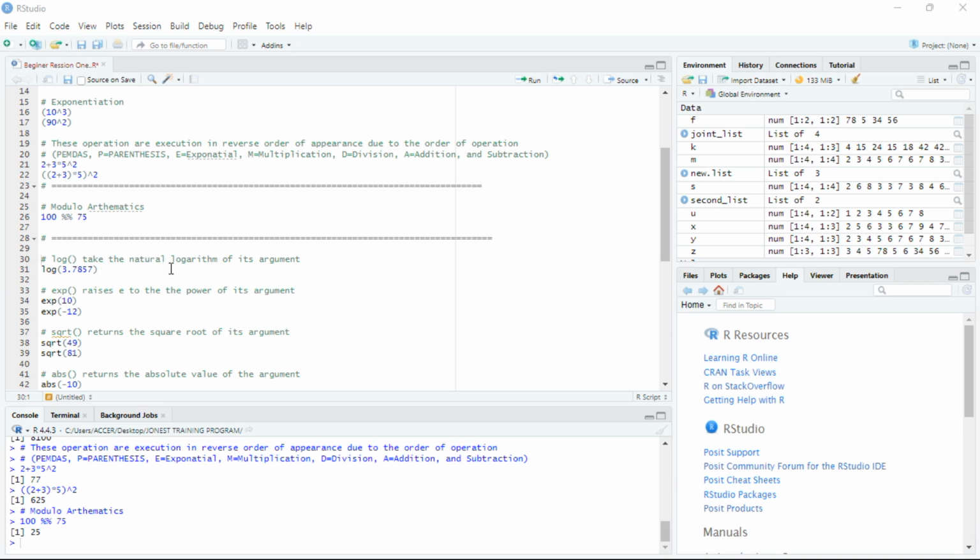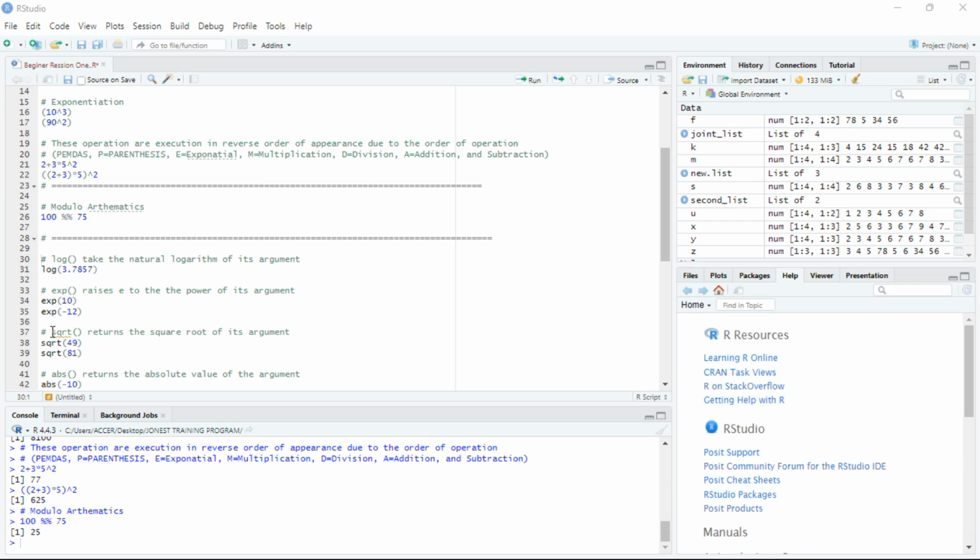Then we use the exp function to raise e to the power of its argument. So this is e, an exponential function, just raised to a certain power, as you can see here, e raised to the power 10.